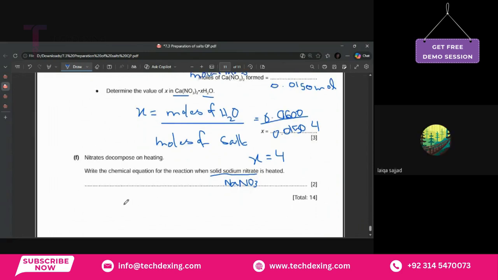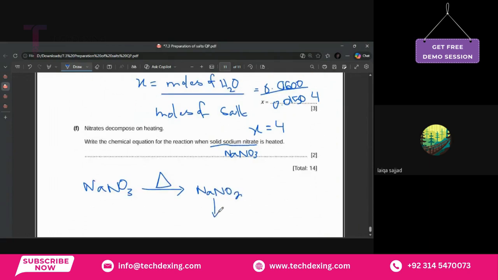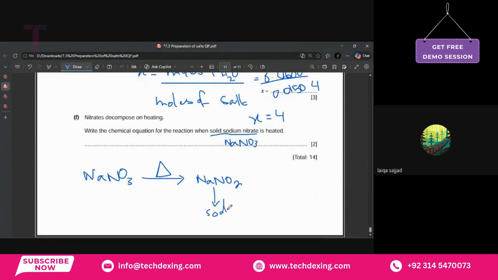So when we have sodium nitrate, NaNO3, and we heat it, it gets converted into NaNO2, which is sodium nitrite, and oxygen will be released.